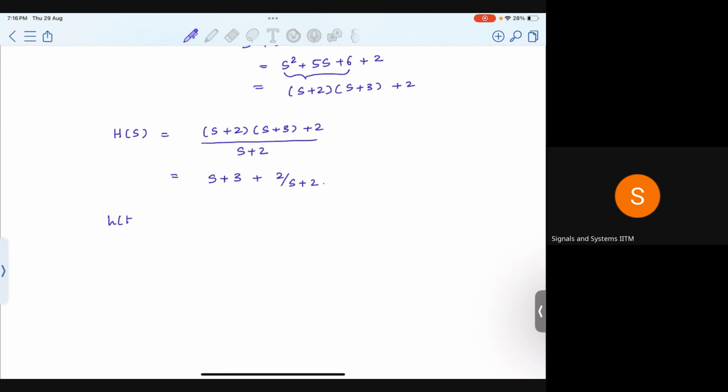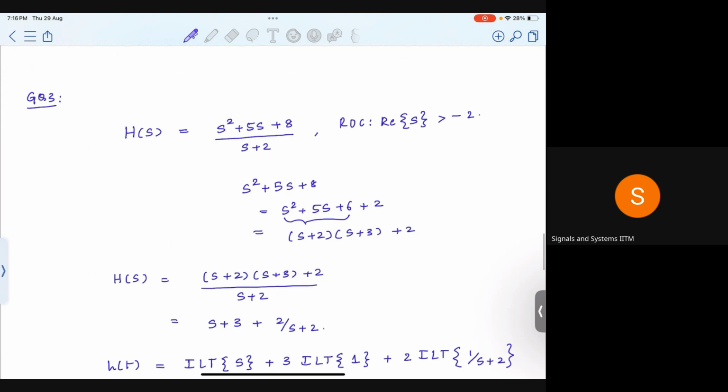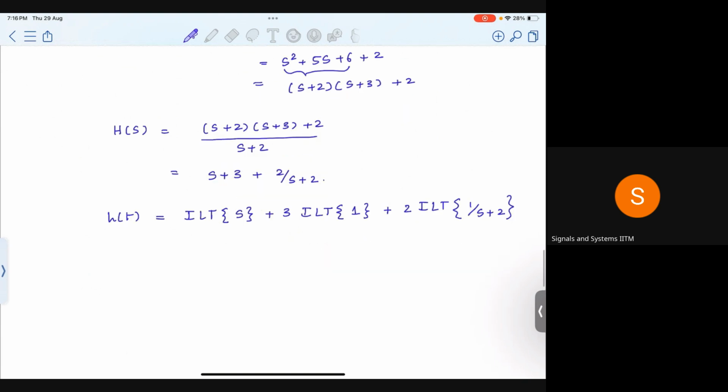So h of t is the inverse Laplace transform of s plus 3 times the inverse Laplace transform of 1, plus 2 times the inverse Laplace transform of 1 by s plus 2. Since the ROC is right side of the rightmost pole, the given function should be a right-sided function.